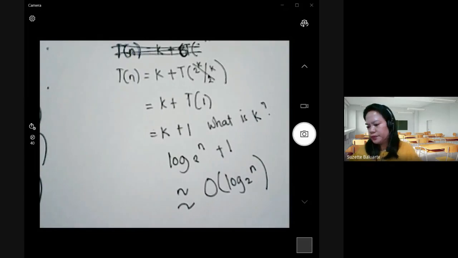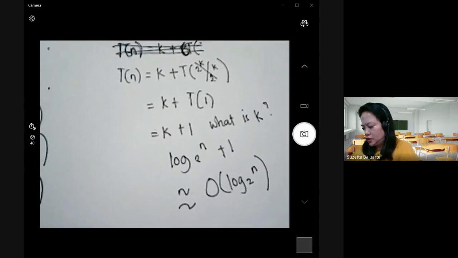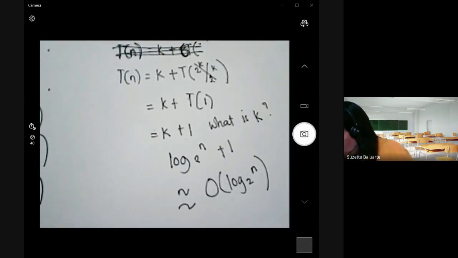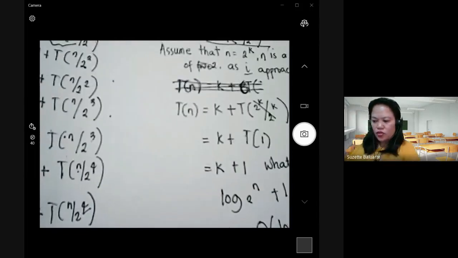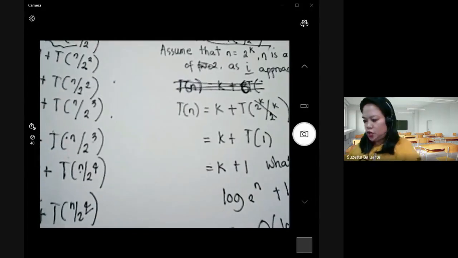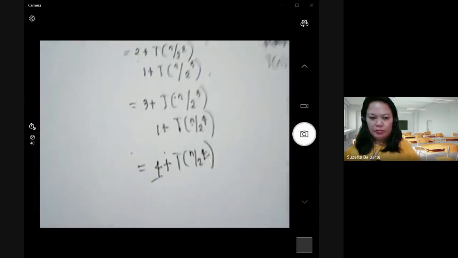Question. Sige, maghatag kog usa ka lahi na problem. Unsa to ganina sa example? N minus 1, no?